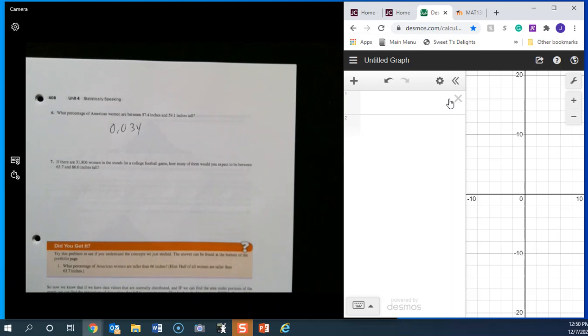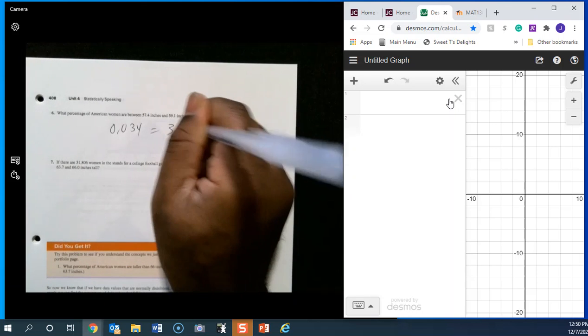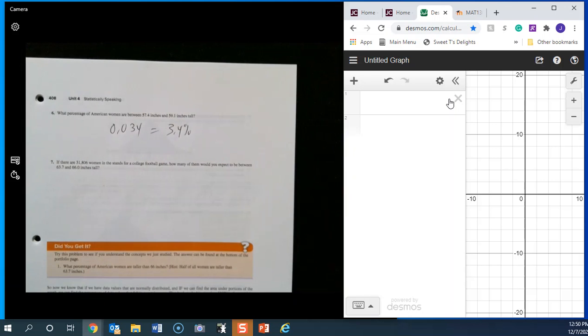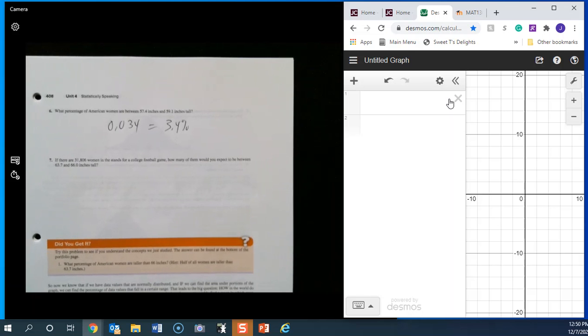So now we're going to change that to a percent. It'll be 3.4%. If there are 31,806 women in the stands for a college football game, how many of them would you expect to be between 63.7 and 66 inches tall? All right, so we'll go back here.